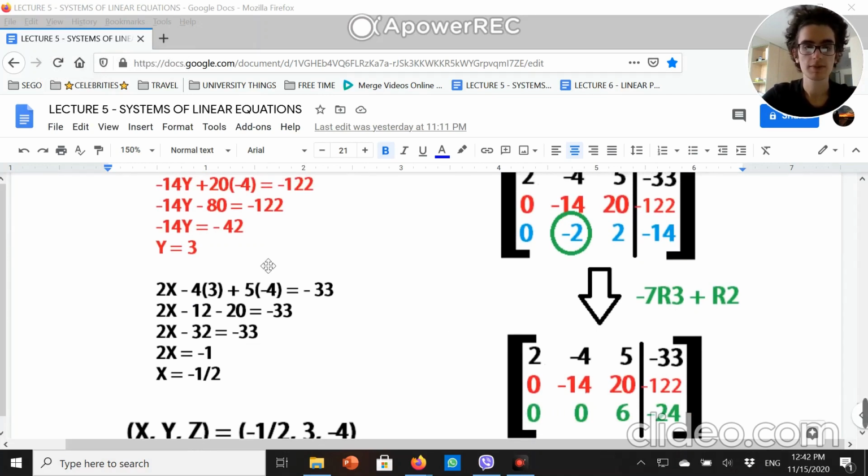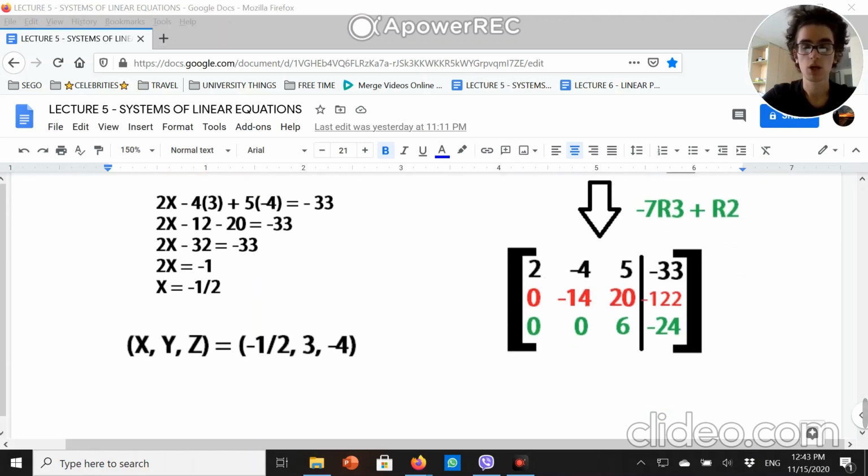So we just substitute the values for z and y in the first equation, and we get 2x minus 12 minus 20 equals negative 33. When we combine these two together, we get 2x minus 32 equals negative 33. 2x equals negative 1, and x equals negative 1 over 2, or negative 0.5. So our solution will be written as x, y, z equals negative 1 over 2, 3, and negative 4.